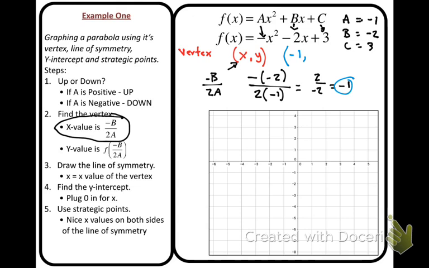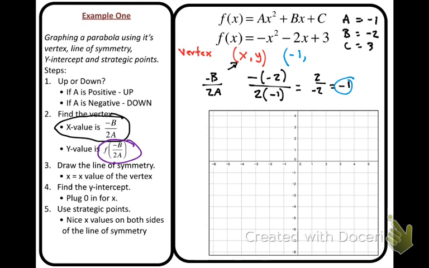Now to find the y value of the vertex, we have to take this -1 and plug it in to the equation. That's what that function of -b divided by 2a means. That just means that we're plugging in whatever we got for -b divided by 2a into the equation, and we're going to solve it.